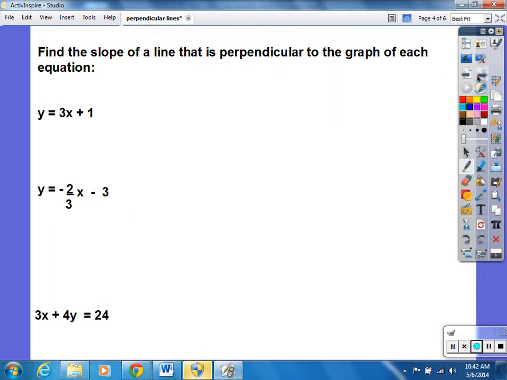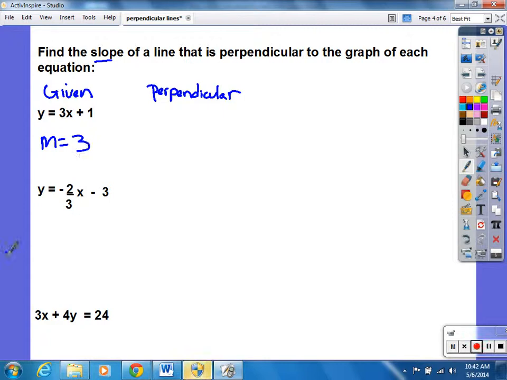All right, let's take a look at some of the questions that you will see when you try to do some of the classwork for today. Just like what you did the other night for homework, find the slope of a line that is perpendicular to the graph of each equation. So we're given 3 equations here. Our given slope in this first example is 3, m equals 3.